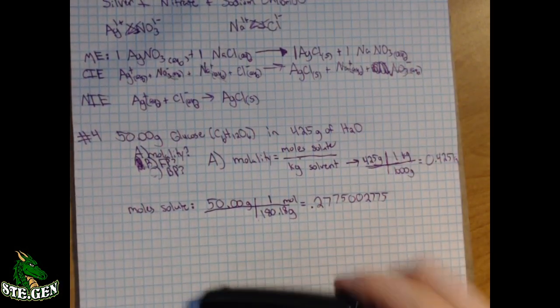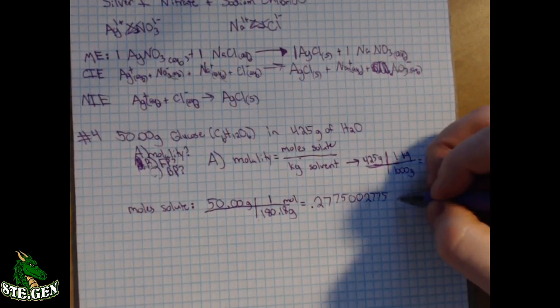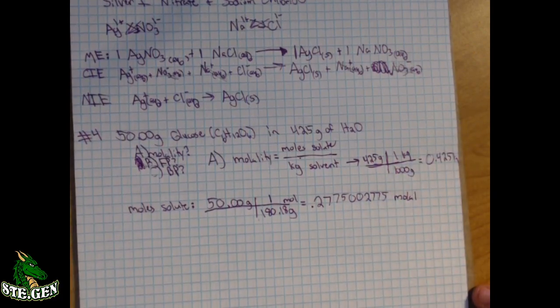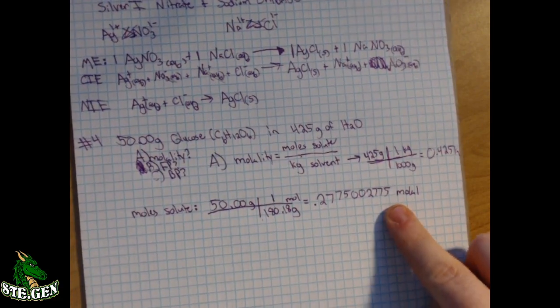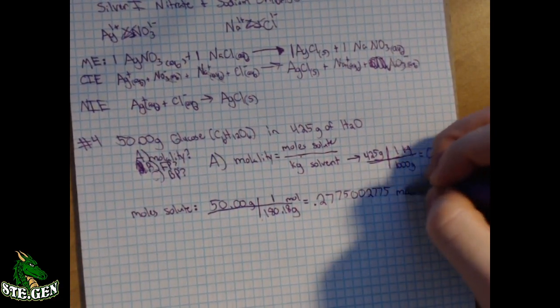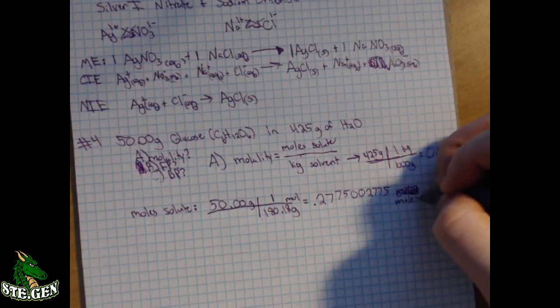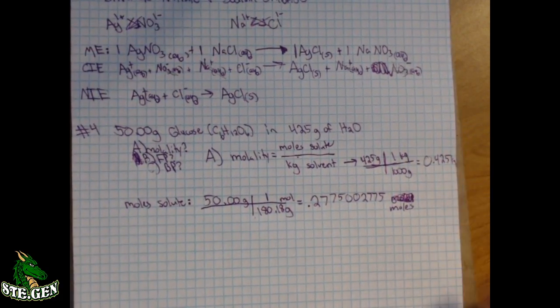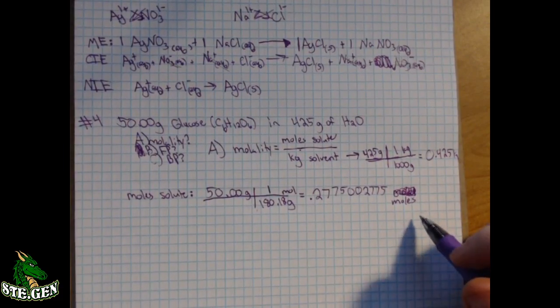Again, you don't have to write the full thing, but I'm actually going to be just plugging that number in directly. So I'm going to use that full value for this. Sorry, that's moles, not molal. It's been a long week, guys. Okay, so that's our moles of solute.